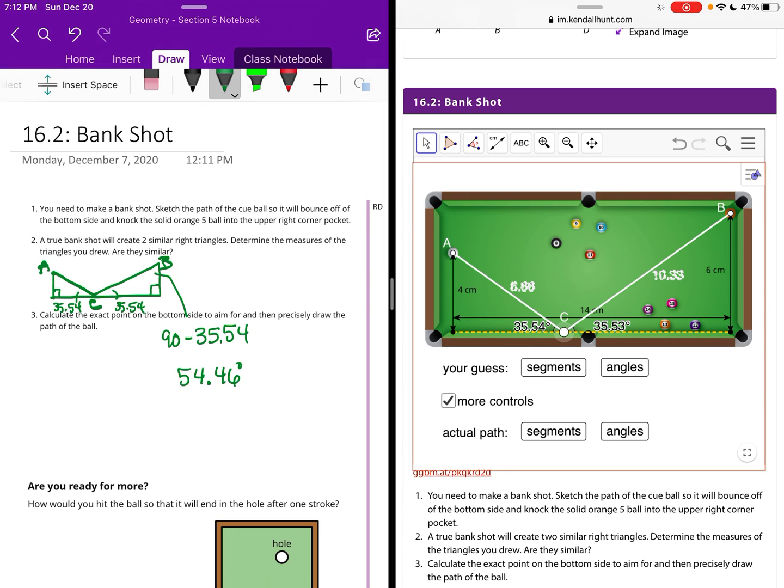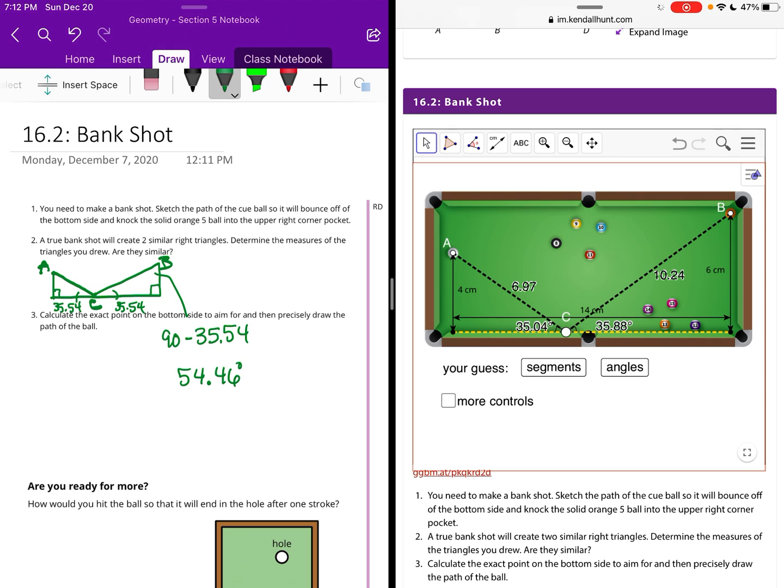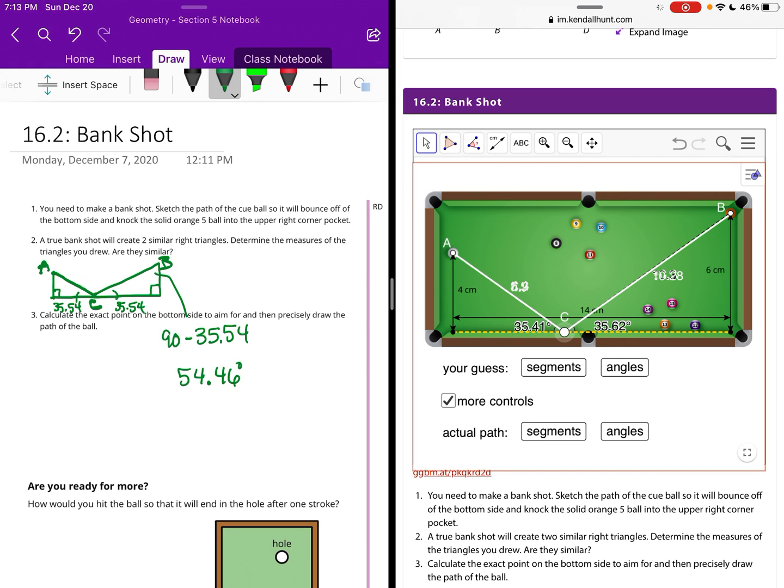Okay, so using this slider can kind of help you to see where the path of the ball is actually going to go. Because when you take away the actual path, it looks like the path of the ball is going to hit that orange 5 ball every time, but that's not the actual path of the ball. You need to have congruent angles there to be able to make sure that you hit that ball dead on.